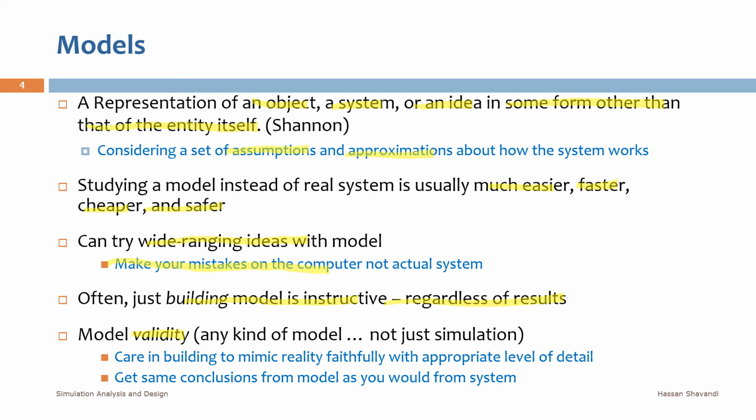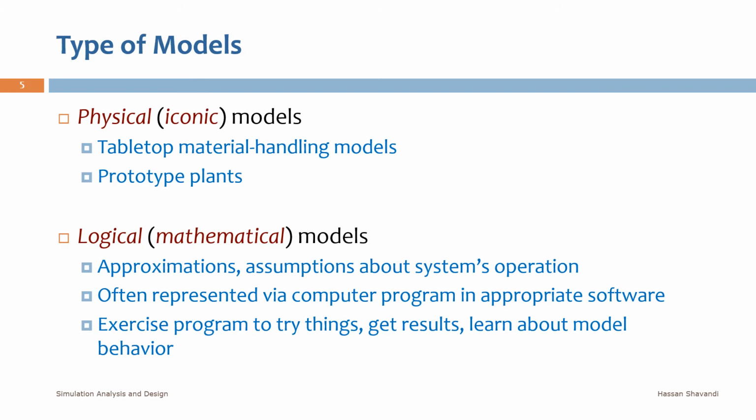Okay. So in general, we can have two types of models, physical or iconic, and logical or mathematical models. So physical models like prototype plans or tabletop material handling models. So yeah, they are physical, they are built in small scale of a real system, right?